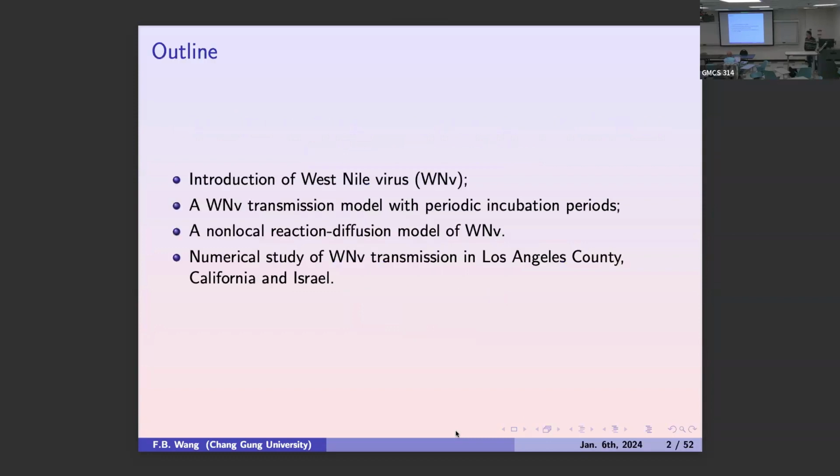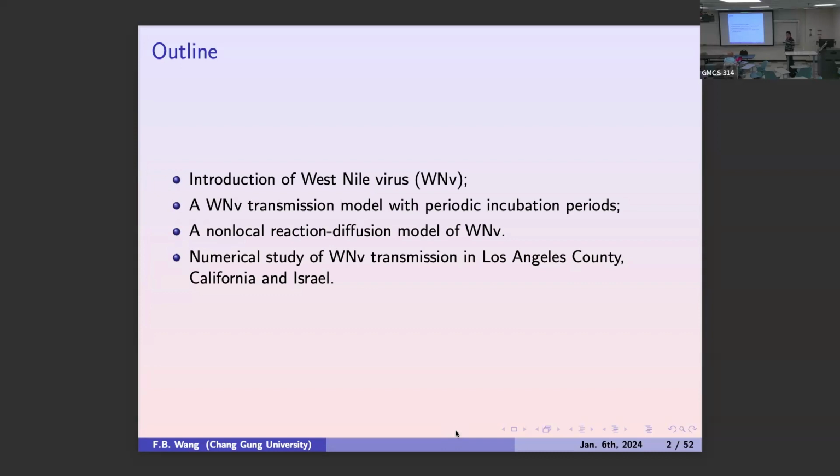So this is my outline. First, I will briefly introduce the West Nile virus, and I will talk about two models. My model will include incubation and vertical transmission.